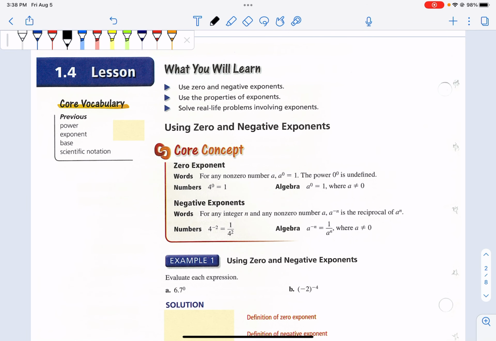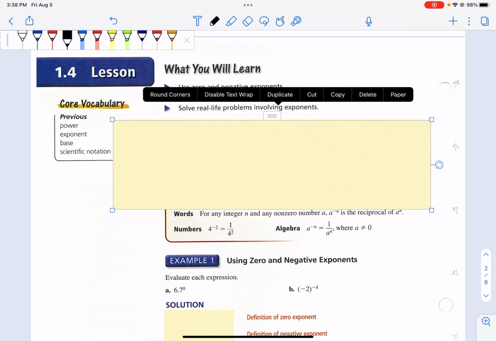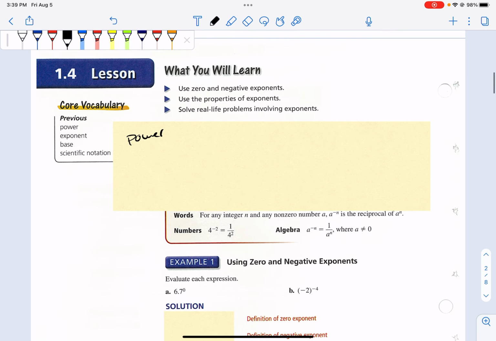So the lesson here, a couple of vocabulary words I want to remind you about. Power. When you see this word, remember what it's referring to is a number or a variable that has an exponent, like x to the fourth power, or 7 to the third power, or -3 to the -2 power, all right?